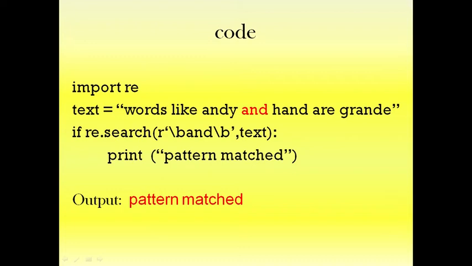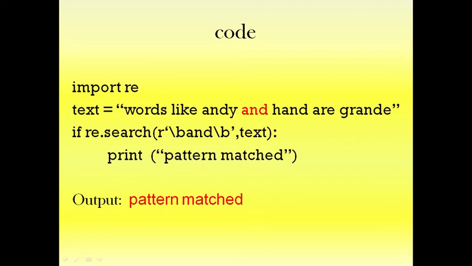So this is where this boundary backslash b is useful. Here we search for lowercase b, AND, lowercase b, meaning the A is at the beginning, then there's an N, and then there's a D at the end. And that will match just the word and.